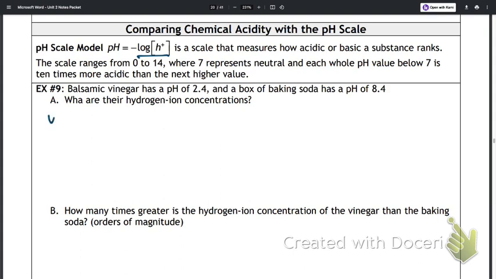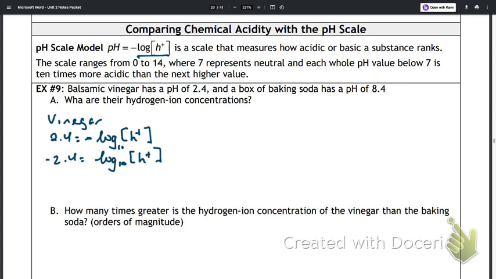First, let's do it for vinegar. The pH for vinegar is 2.4, and that equals a negative log, and we're trying to solve for the hydrogen ion concentration. Let me do something real quick. I need to divide by this negative first. So negative 2.4 equals log base 10 of H plus. Go ahead now and convert it.